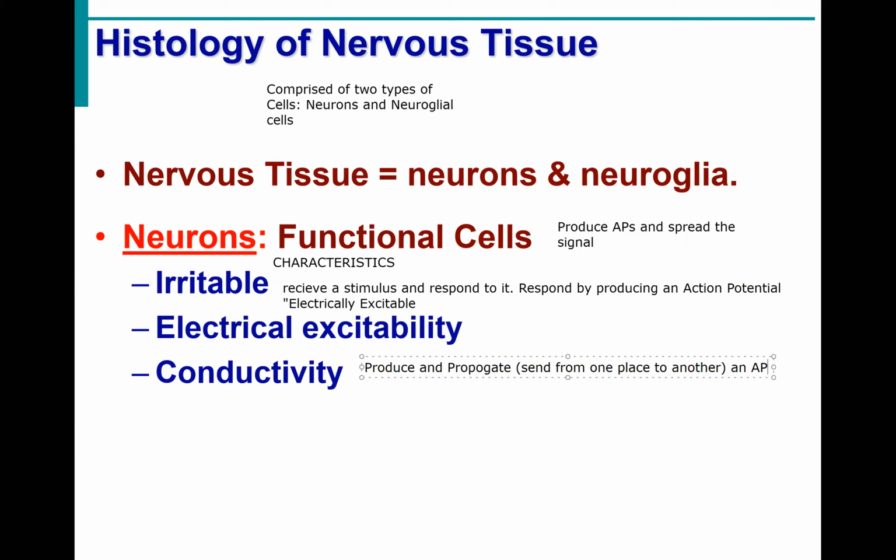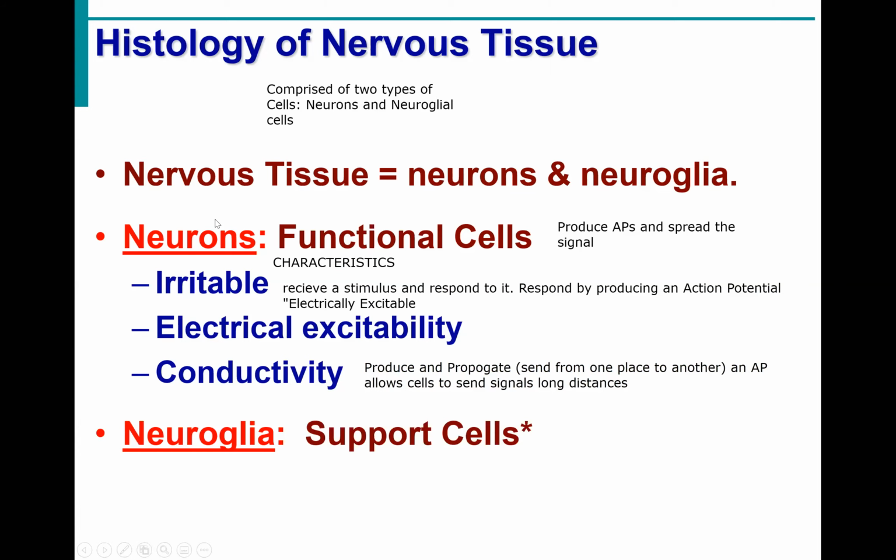Right? And that's about 1 meter in length. So being able to send that signal long distances is really the key. It allows the cells to send signals long distances. And those are some of the key characteristics of our neurons.